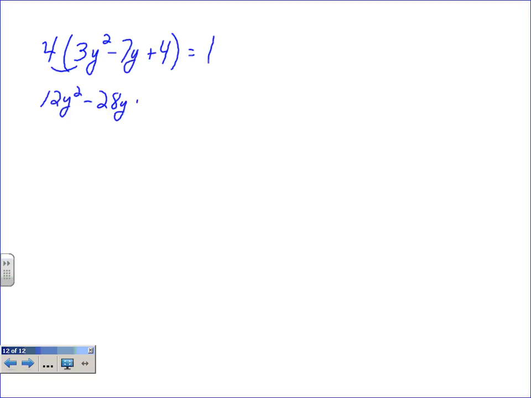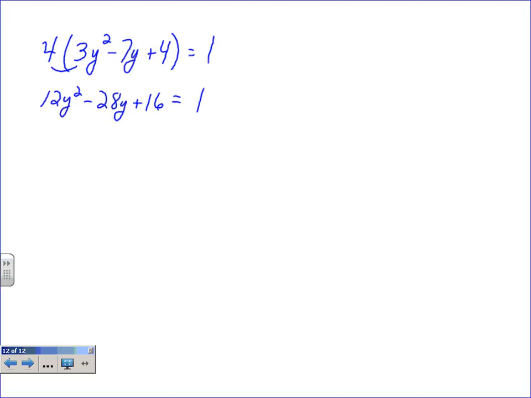Well, let's do this first before we do that. I'm going to do another one of your homework problems for you. I'm going to do this problem here for you, okay? Because I know it looks a little bit different. Well, what I'm going to do here is I'm going to distribute first. I'm going to make that 12y squared minus 28y plus 16 equals 1.